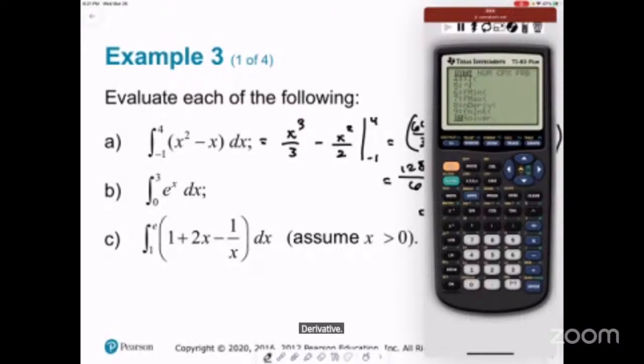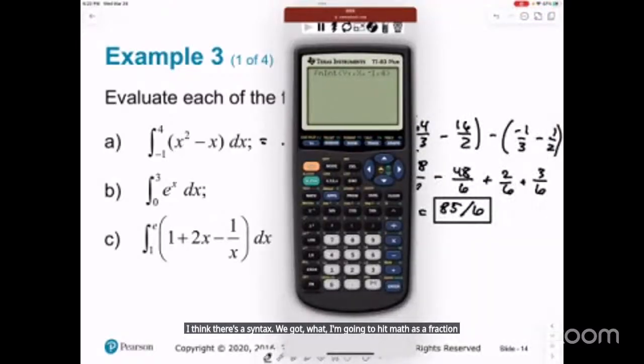Now I have to remember the syntax. So evaluate that integral as x goes from -1 to 4. I think that's the syntax. I'm gonna hit math as a fraction. We got 85 over 6.